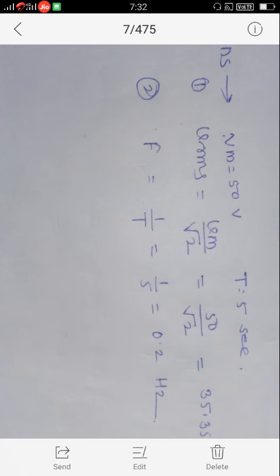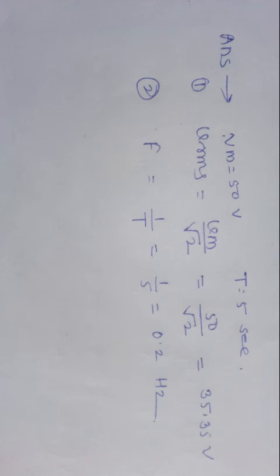Now to find the RMS value of voltage, we use the formula Vrms is equal to Vm upon root 2. The value of Vm is 50, that is 50 upon root 2, and the answer comes 35.35. And to calculate the frequency, the formula which we use is F is equal to 1 upon T, and the value of T is given as 5 seconds.